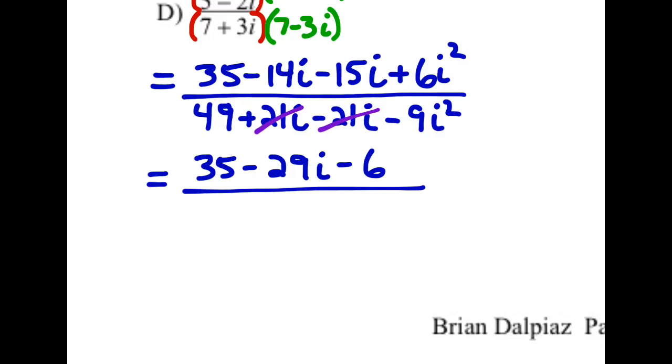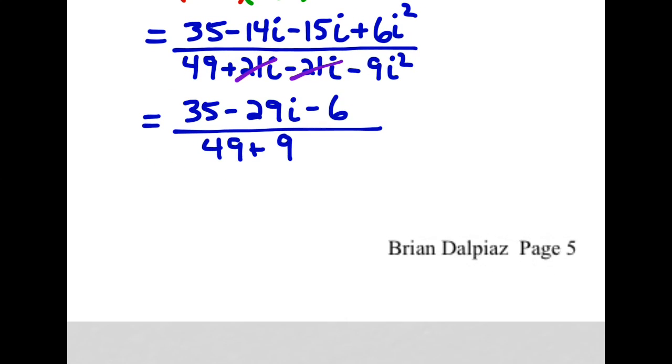And on bottom I have 49 minus 9 times negative 1, which is positive 9. And so this is the same thing as, well, 35 minus 6 is 29, so on top I have 29 minus 29i. On bottom, 49 plus 9 is 58.